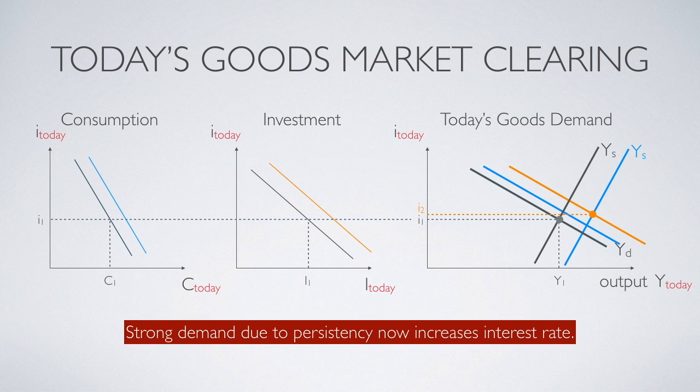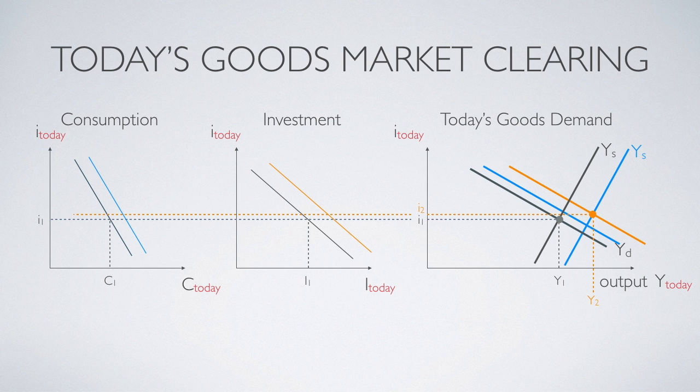While at the same time output is increasing from Y1 to Y2, the interest rate is increasing from I1 to I2. And under the new interest rate, we are going to map out the new equilibrium consumption level, which will be C2. And with the increase of the interest rate, investment does not decrease. It actually increases from I1 to I2.